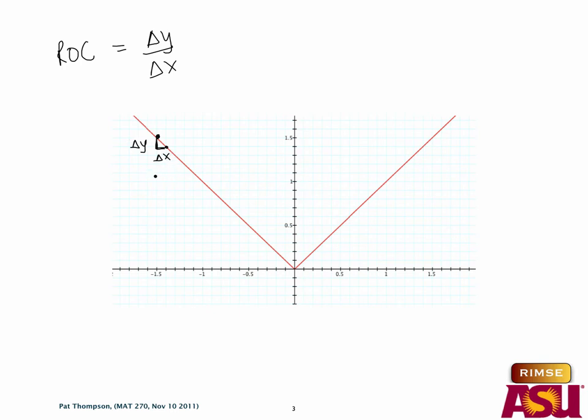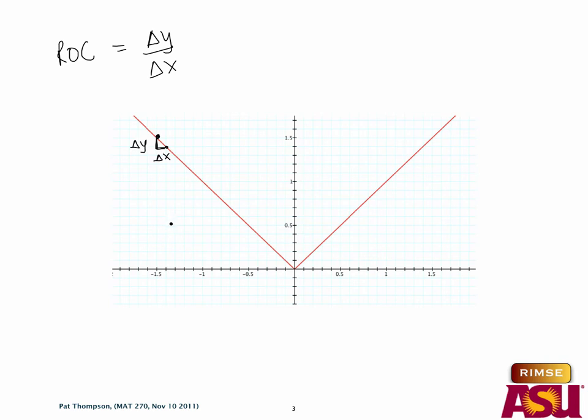And their relative sizes are what? If you were to measure the change in y using the change in x, what would you get? 1? How about -1? So in magnitude, they're the same size, right?